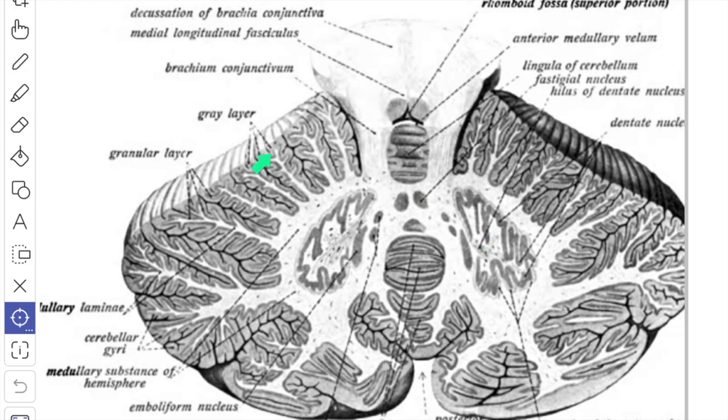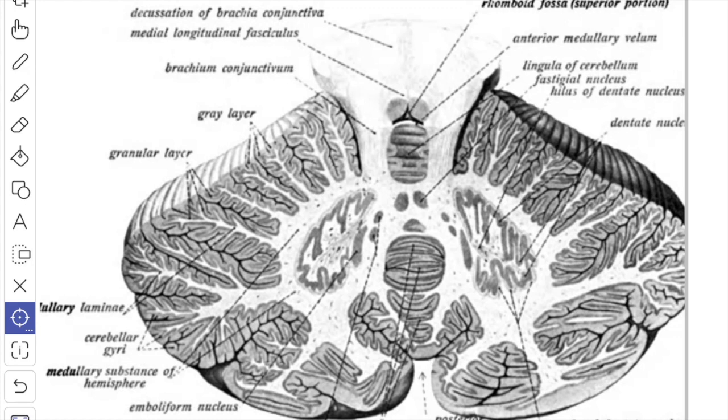The cerebellar cortex is folded in such a way that the surface of the cerebellum presents a series of parallel transverse fissures and intervening narrow leaf-like bands that are known as the folia. So these are the fissures and this is the folia.